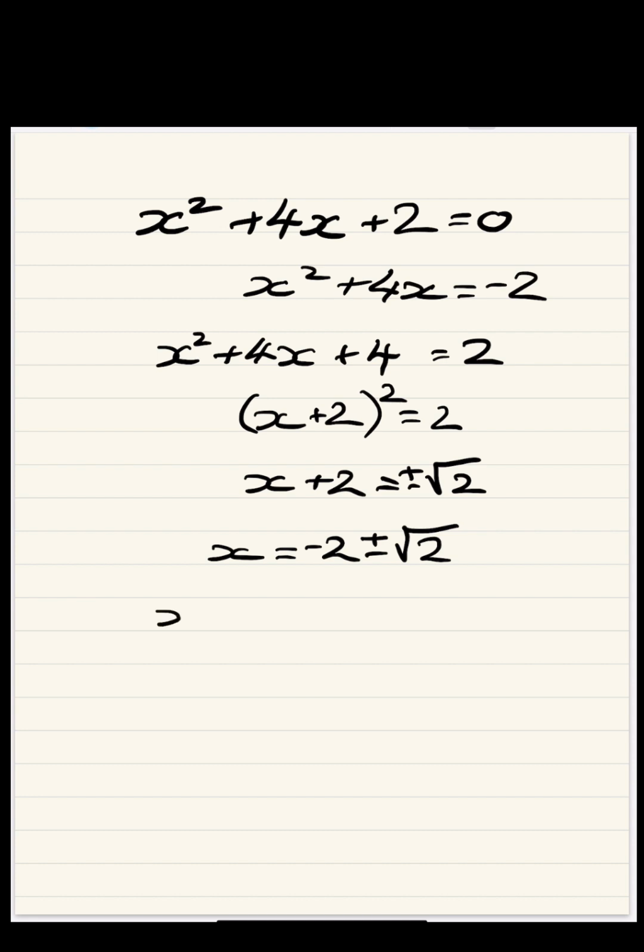So if I was asked to give 2 answers, I'd have x is equal to negative 2 add root 2, and x is equal to negative 2 subtract root 2. And unless told explicitly to do anything else, I'd leave it in exactly that format.